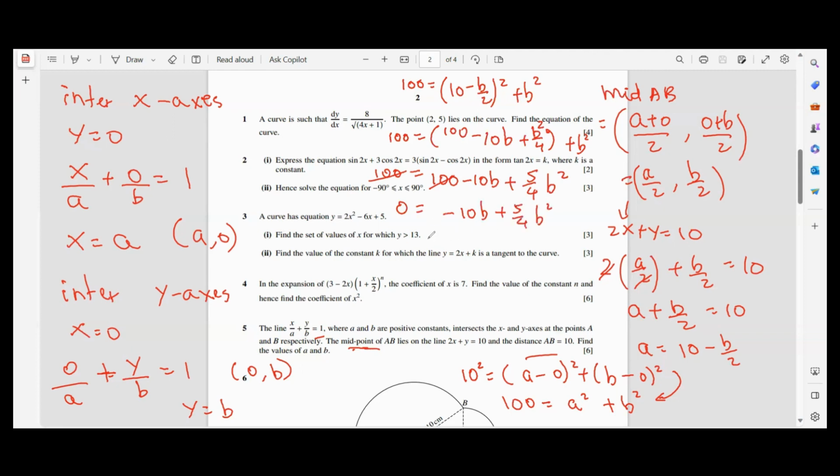And then I will factorize out the B. So B times minus 10 plus 5 over 4 B. Then I will get B equals 0, and the other one is 0 equals minus 10 plus 5 over 4 B. So later I will get B equals 8.